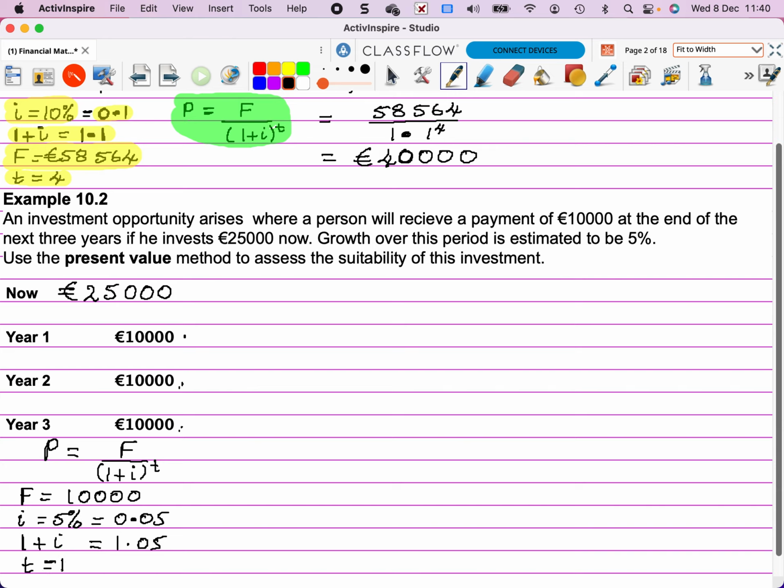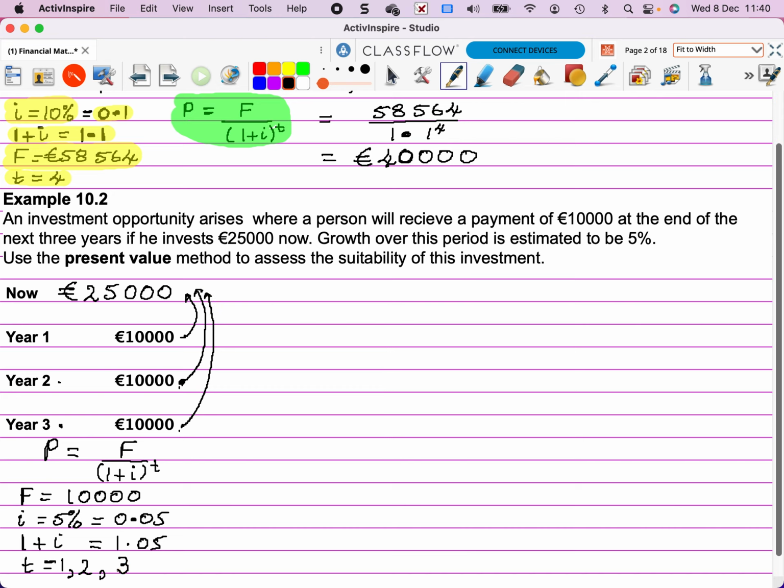We have to bring this back 1 year to the present day in order to compare. The next value for time is for the sum of money at the end of year 2, which means in order to compare it to now, I have to bring it back 2 years. And then this one is handed out at the end of year 3, so in order to compare it to the 25,000, I have to bring it back 3 years.